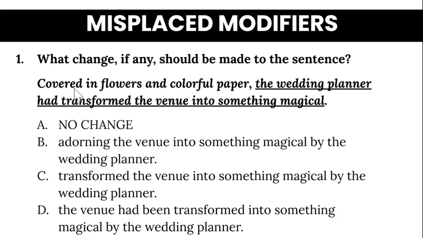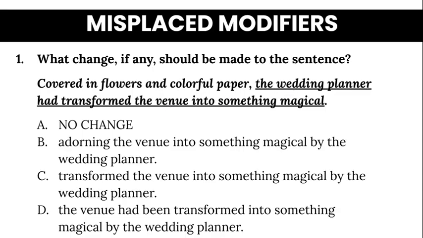Notice that the first word is an ed word, like I mentioned. Covered in flowers and colorful paper. Okay, so the first noun after this is what should be covered in flowers and colorful paper. Well, the first noun after this is the planner, talking about the wedding planner. The wedding planner is not covered in flowers and colorful paper. What's covered in flowers and colorful paper? It's the venue. So the venue should be up here.